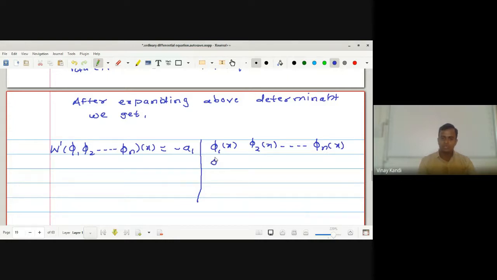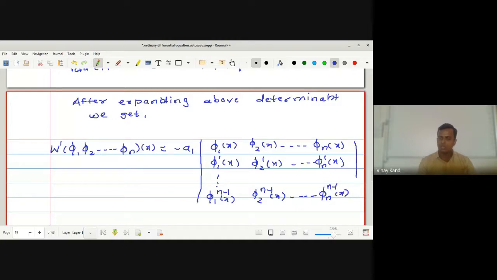Okay, phi 1 dash of x, phi 2 dash of x up to so on phi n dash of x. At last, here we get phi 1 raised to n minus 1. Put i is equal to 1. Here we get a1 and here we get phi 1 raised to n minus 1 of x, phi 2 raised to n minus 1 of x, up to so on phi n raised to n minus 1 of x.